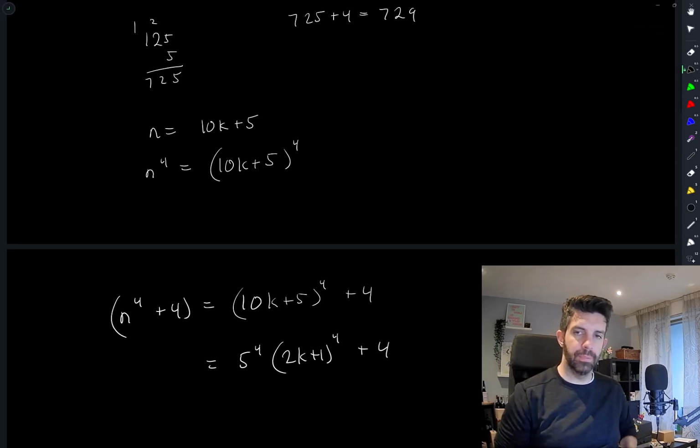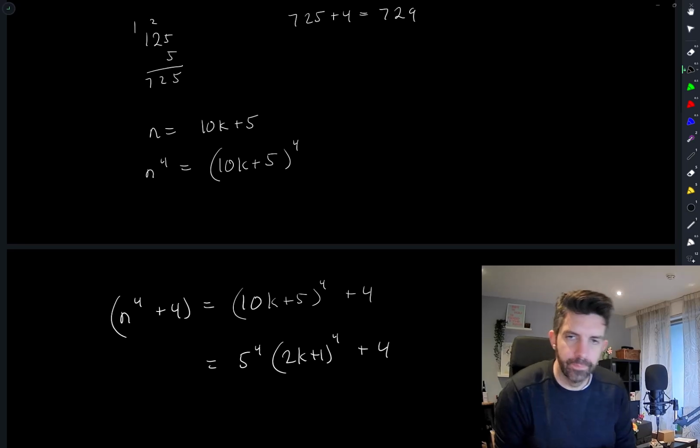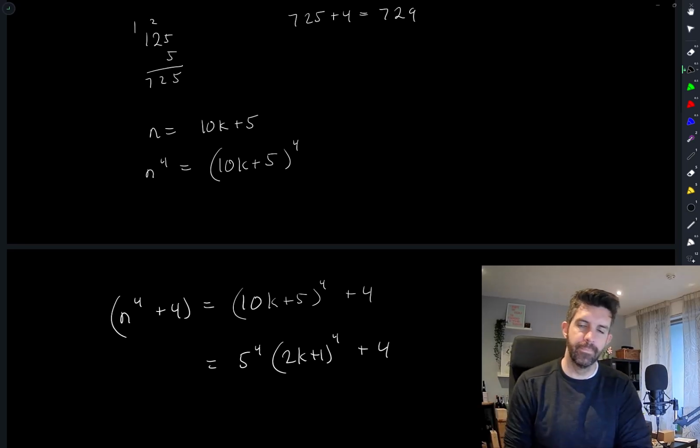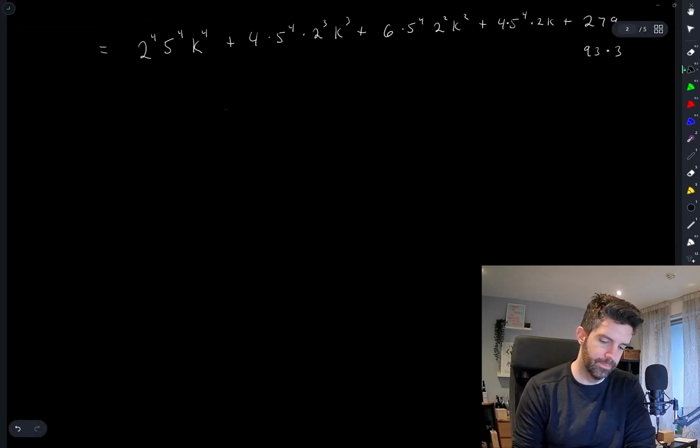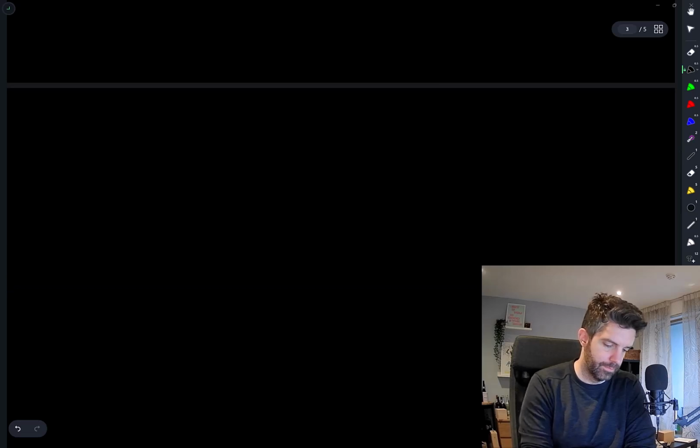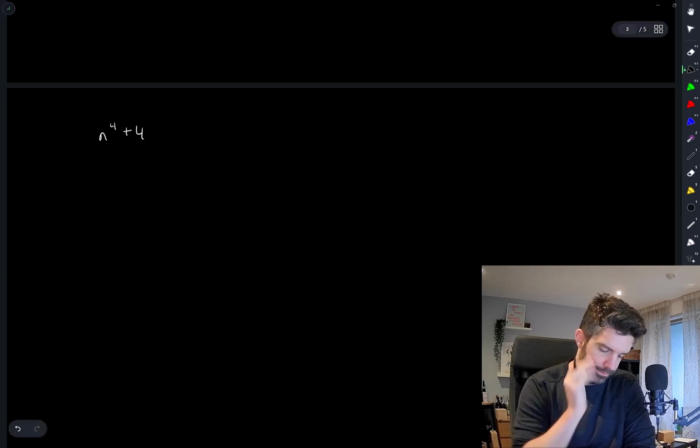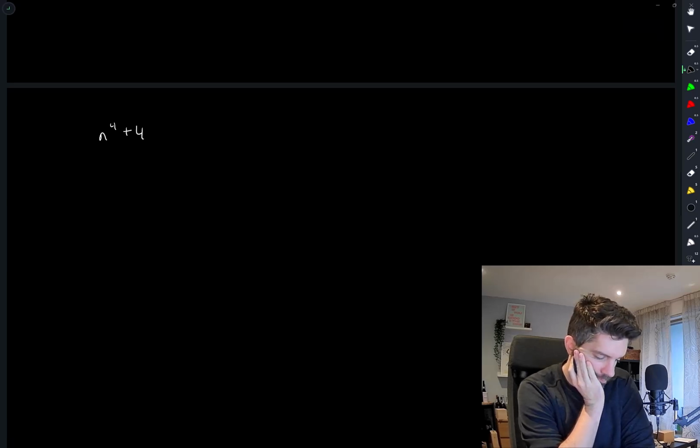Maybe I need to take a completely different approach. So if the last digit of n is 1, this can only be prime if n is equal to 1.